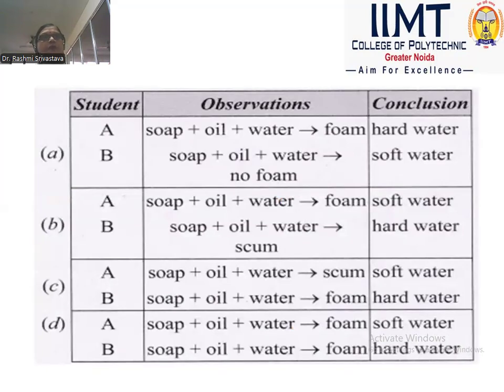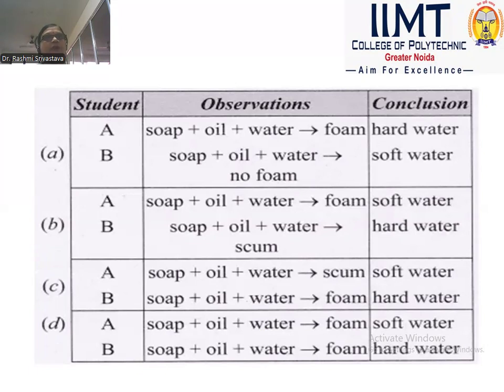For the observation and conclusion of the activity for students, students can identify or differentiate between the two waters. First they have to take 10 ml of soap, shampoo, or any detergent, add a small quantity of oil to it, and then add the water.